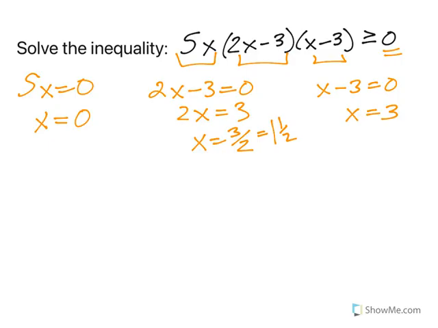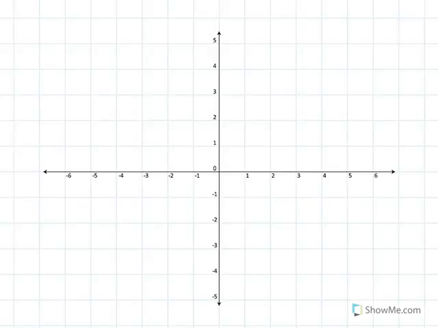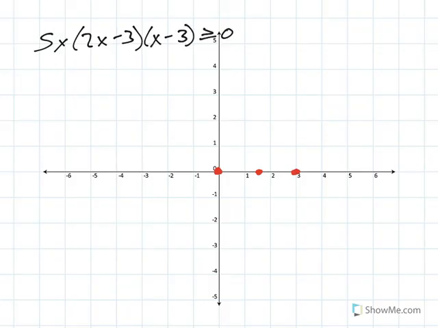Now, the first way we're going to talk about is solving by graphing. So we have a graph. We knew that our 3 zeros are at 0, at 3 halves, and at 3. Now let's revisit what our polynomial is: 5x times (2x minus 3) times (x minus 3) is greater than or equal to 0.